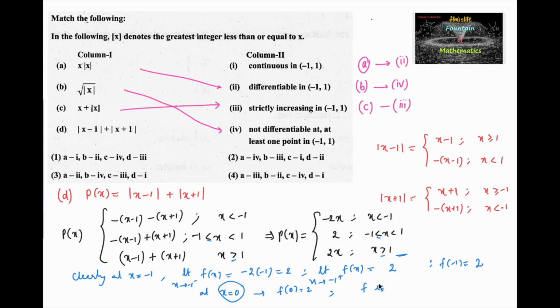So clearly f is continuous on the interval minus 1 to 1, but it is not differentiable, because here the left derivative is minus 2 and the right derivative is 0, and for x greater than 1 the derivative is 2. So they are not equal, and hence not differentiable, and it is neither increasing nor decreasing. So we can go with the option only continuous in minus 1 to plus 1.